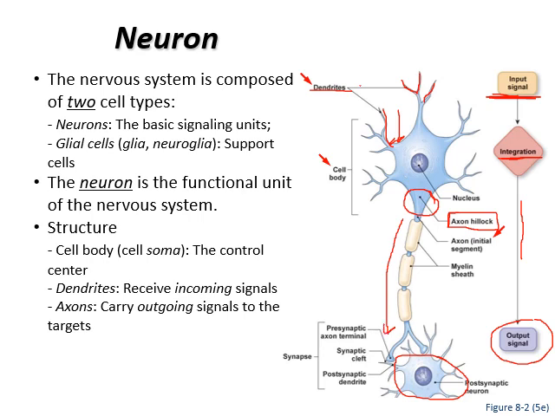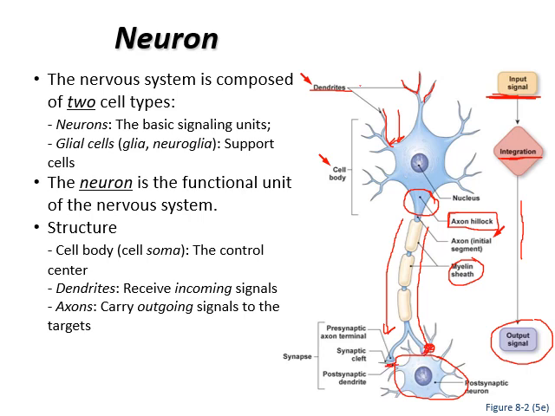And this is the long axon, the output, sending the signal down so we can talk to another neuron. Along the way we'll see myelin sheaths that may be wrapping the axon. The axon comes down and divides into axon terminals.